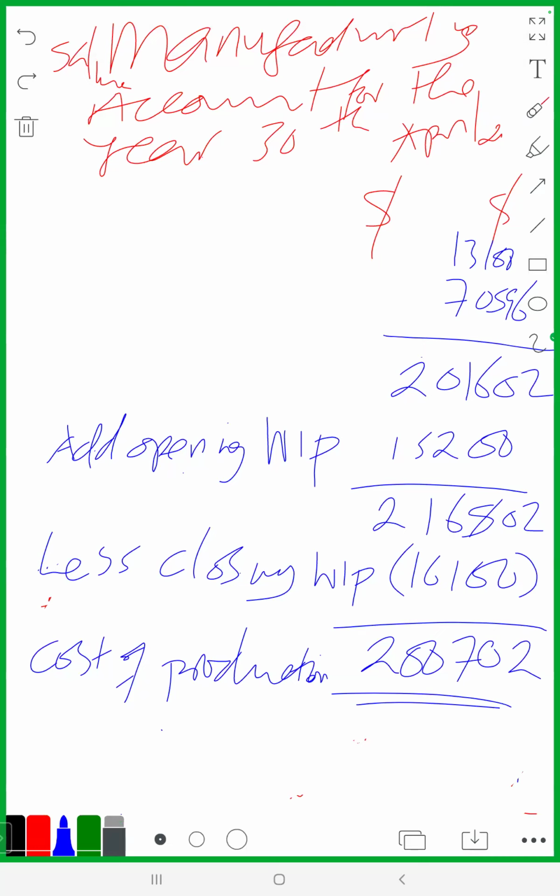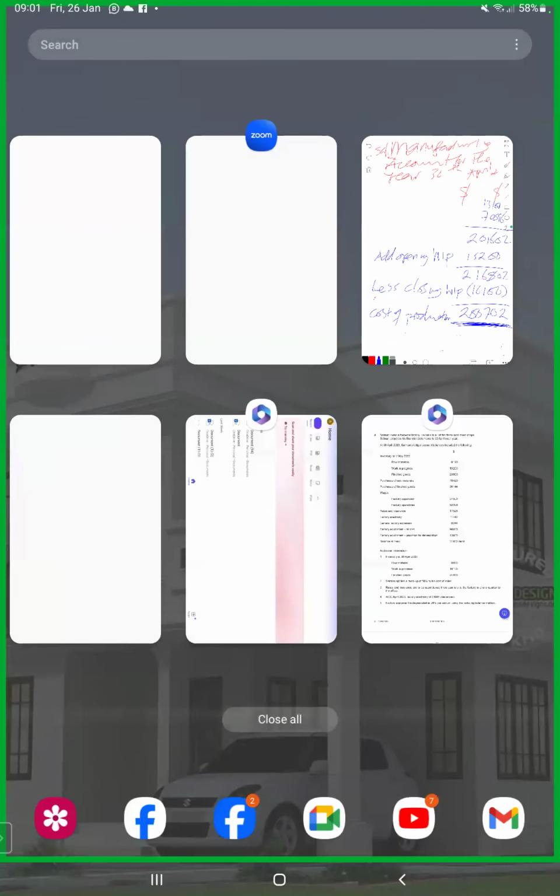So this is where your manufacturing account ends. When we come next time, we will start from this cost of production that we have found and answer the other part of the question. This is just about the manufacturing account that we needed to answer now.